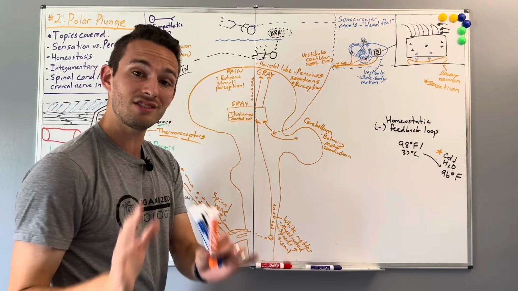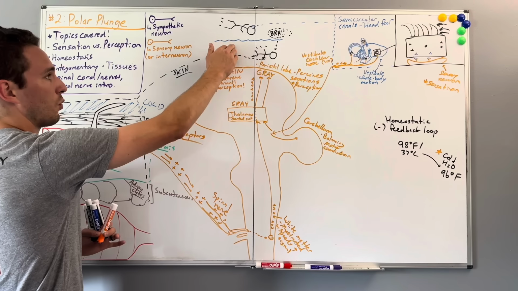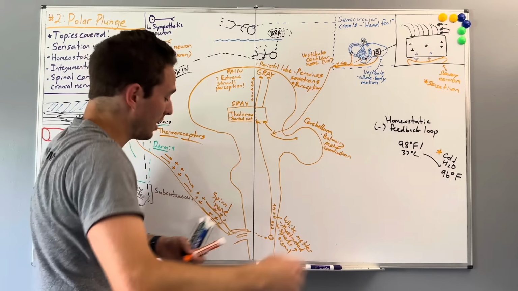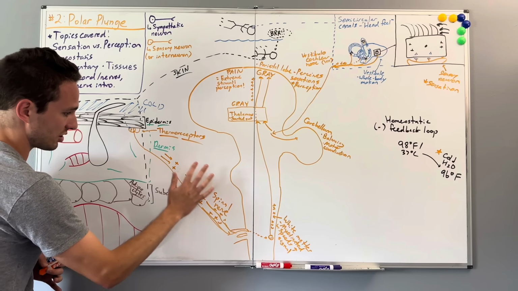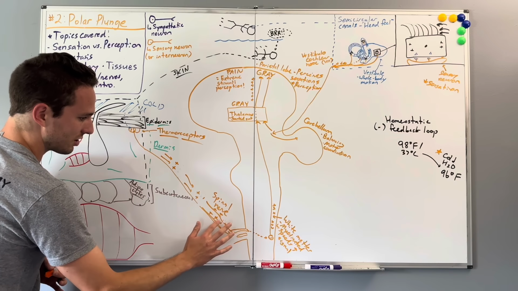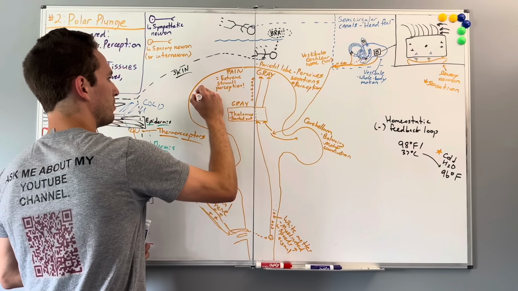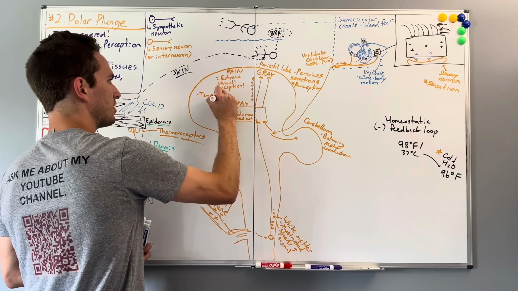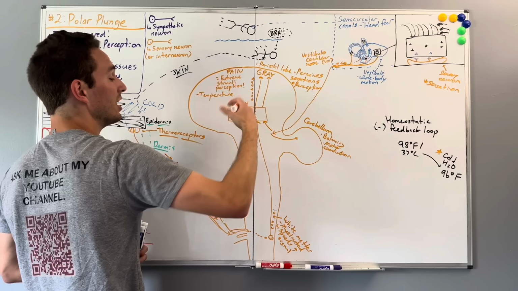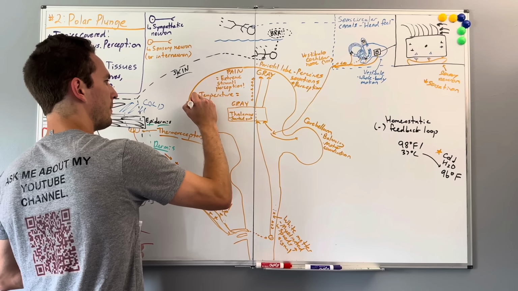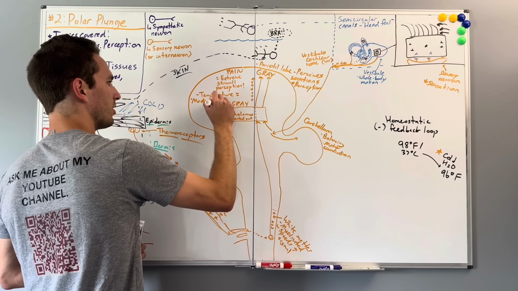Now, let's say the signal is weak. Let's say the temperature of the water is actually pretty warm, okay? In that case, we would send a little weaker signal, and that weaker signal will get translated not as pain, but just as temperature. Temperature is perceived when it's just a moderate stimulus.